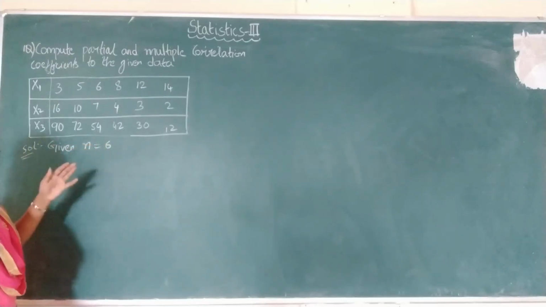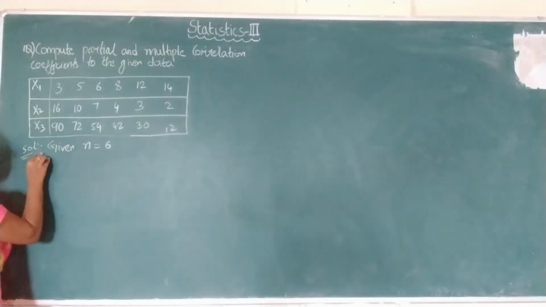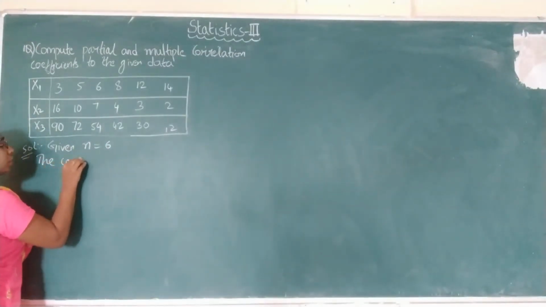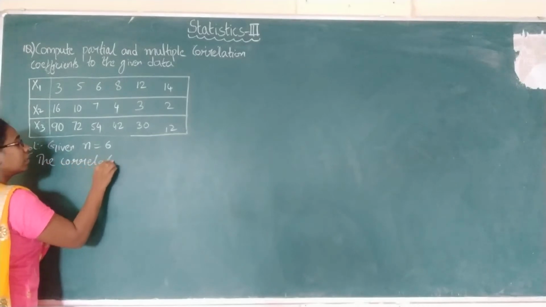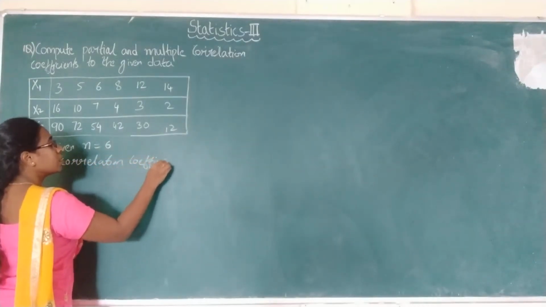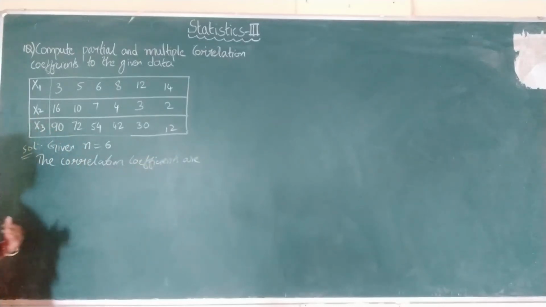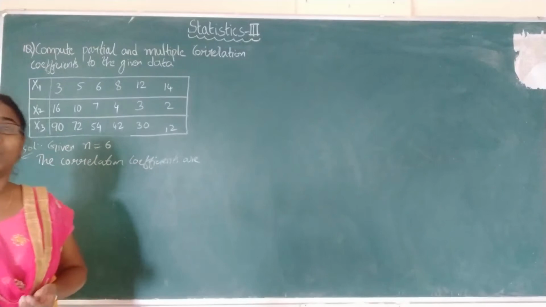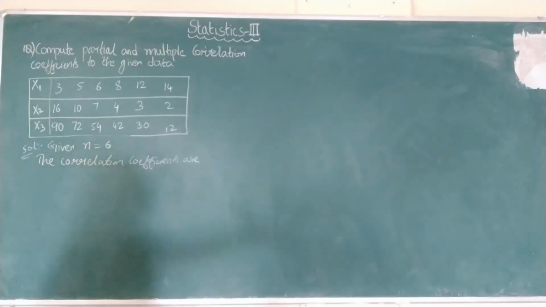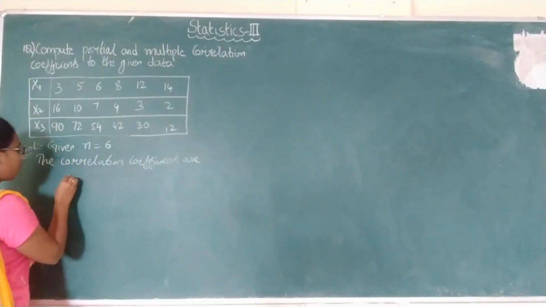So first, what do we have to calculate? The correlation coefficients. So first write down the correlation coefficients. First you will write the formulas for all three correlation coefficients, using the Karl Pearson correlation coefficient formula.